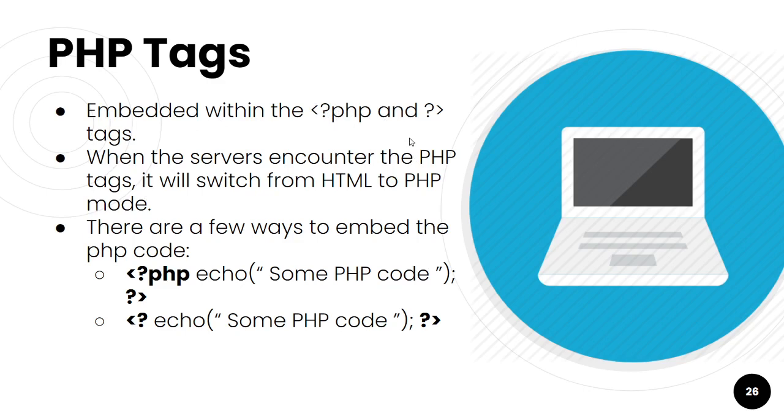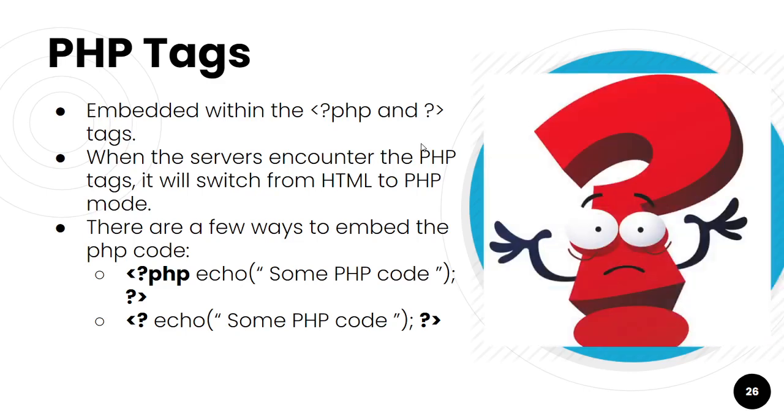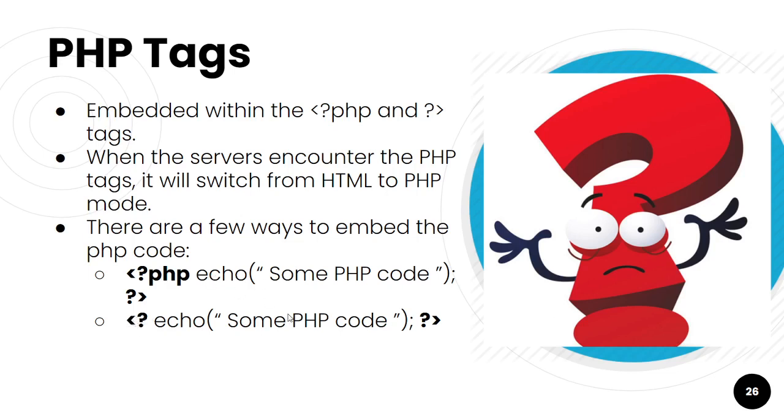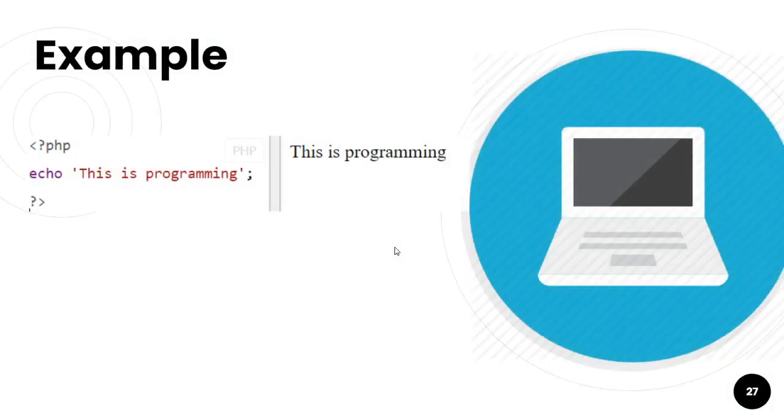Alright, let's run some PHP. So remember the question marks. You can do question mark PHP, some command, or you can just do angle bracket question marks. Got it? Alright, here is an example of a very basic piece of code.